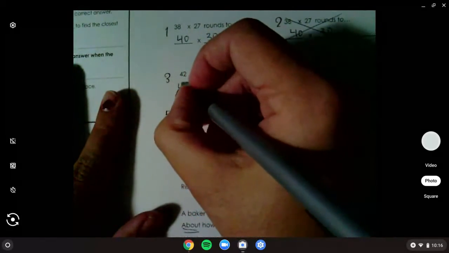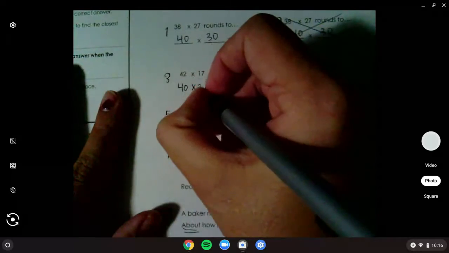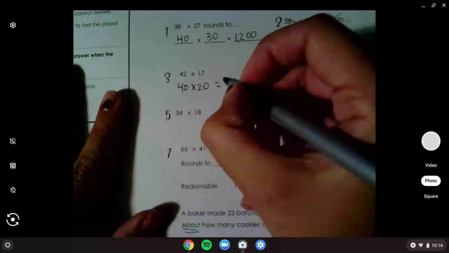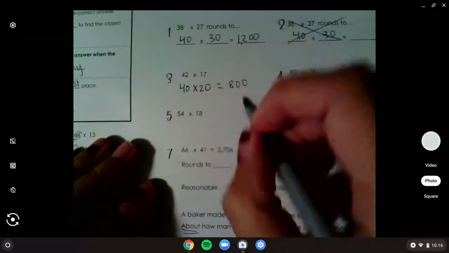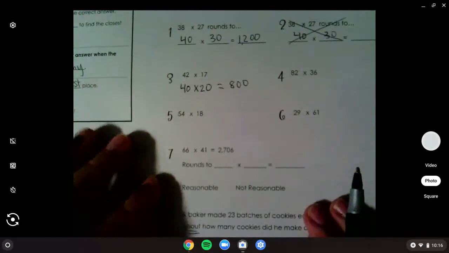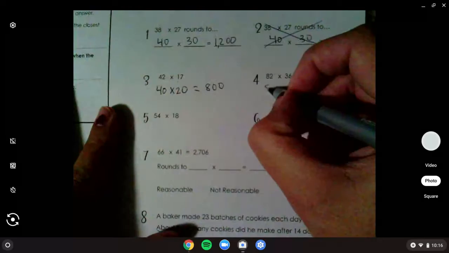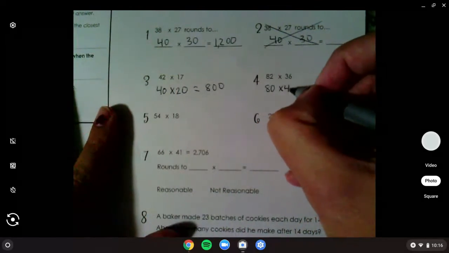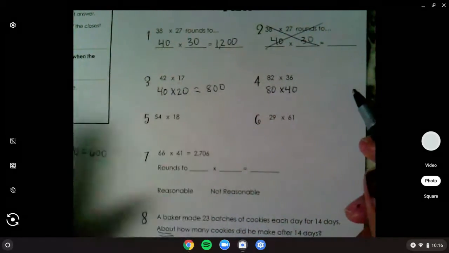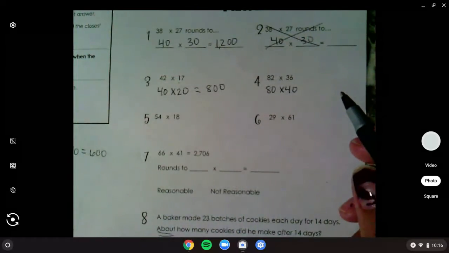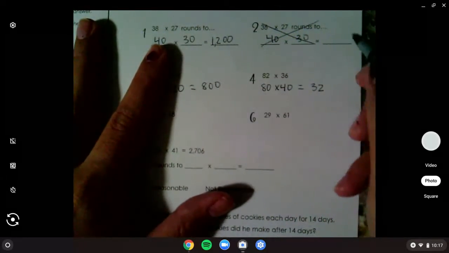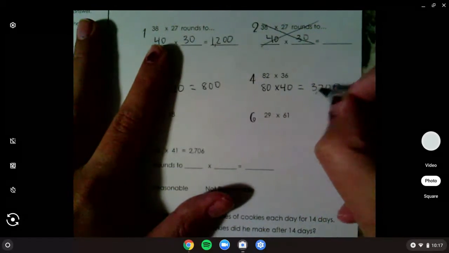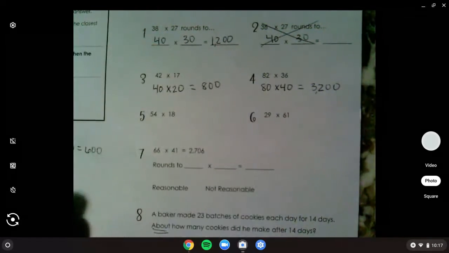You should have rounded 40 times 20, and then that would get you 800 again, same as number 1 over there. Number 4 should have rounded to 80 times 40 because of our rounding skills. And then you should have found the mini math fact 8 times 4 for 32. Adding on 2 zeros should have been 3,200.